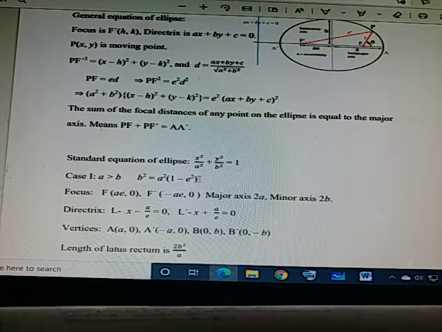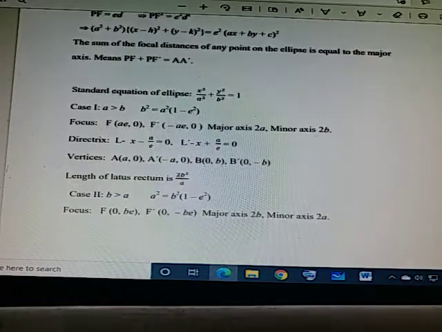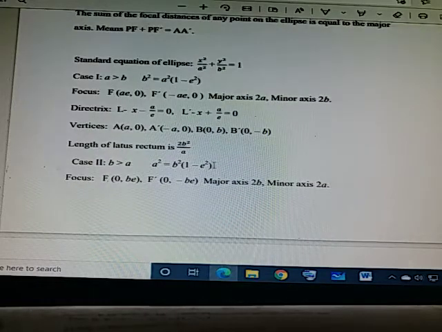And standard equation of ellipse, it is x square by a square plus y square by b square is equal to 1. But there are two cases, one is case 1, the other is case 2. So for case 1, it is a greater than b, and the case 2, it is b greater than a.